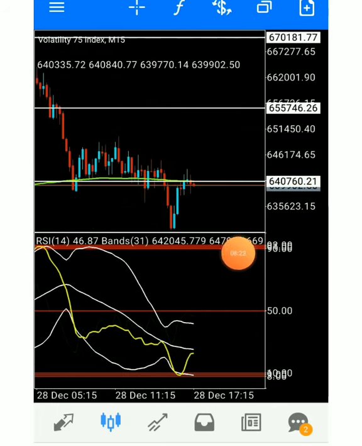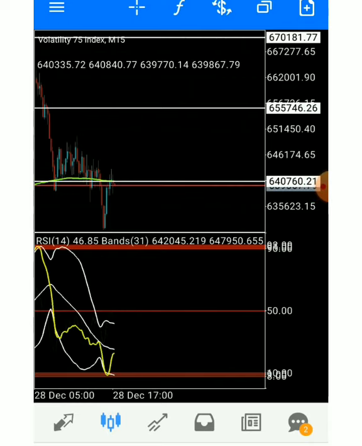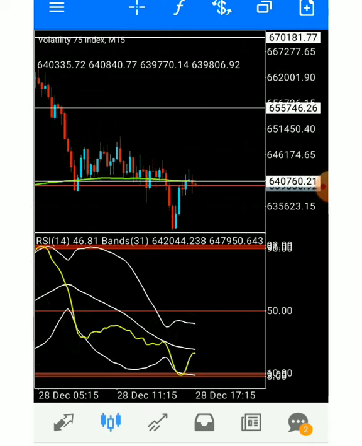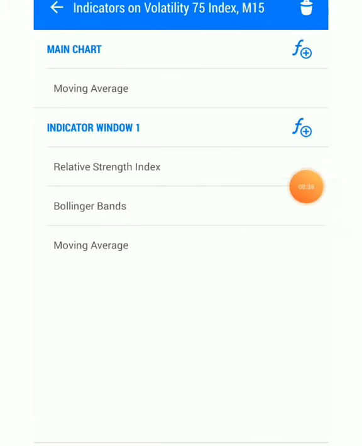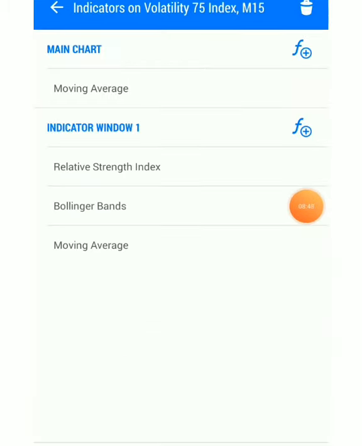Okay, so the zoom level is 2 from the lowest. This is the lowest. Take it up 1, 2. Okay, the zoom level is 2. Now the settings: we have the moving average 200 to know the trend. We have the moving average 200, simple, close, no level.